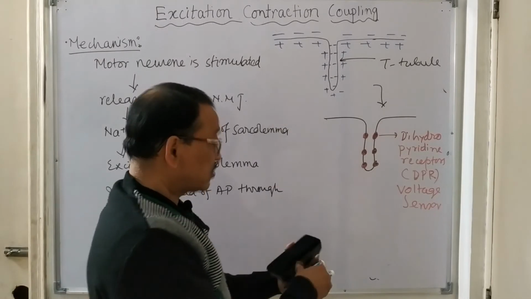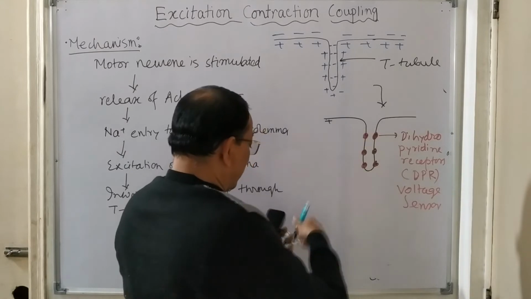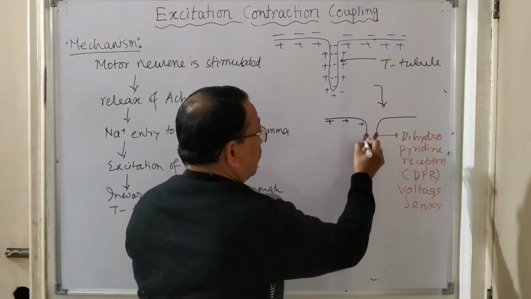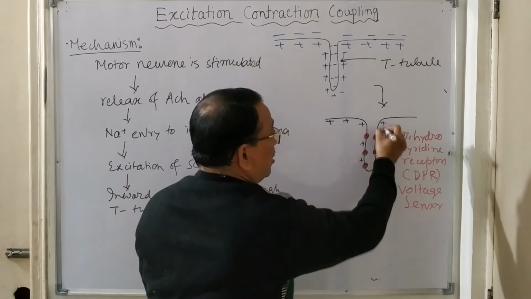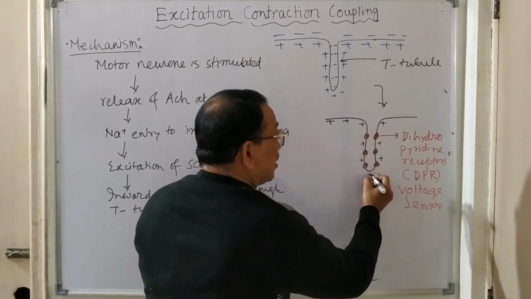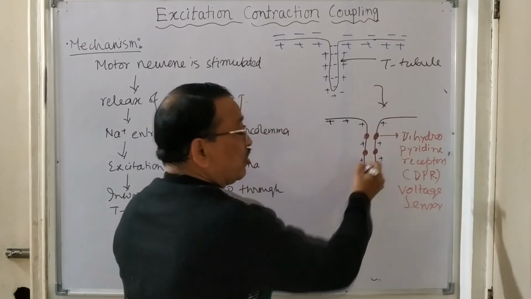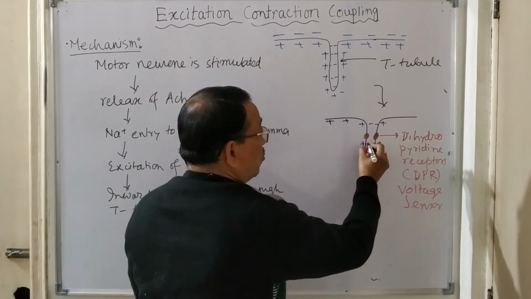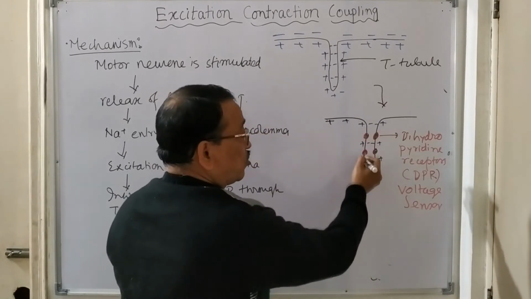As I told, the inward passage of the impulse, that is the depolarization wave, is passed from outside of the membrane towards the myofilament through the T-tubule, and that means outside is electronegative and inside is electropositive.